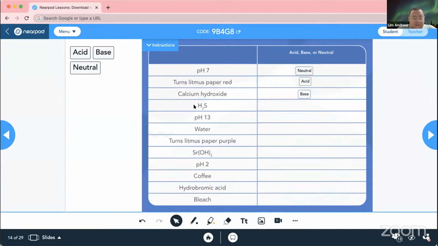When you see a chemical equation having an H symbol, it is acid. pH 8 to 14 is base. Water is definitely neutral. Turning litmus paper purple is base. When you see the symbol having OH, it is base. When you see a pH value less than 7, it's always acid.